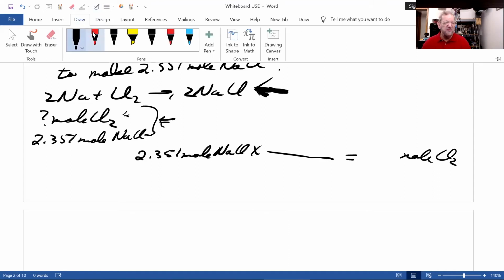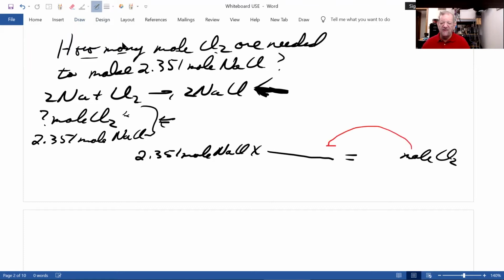And now I'll use my good friend, my good buddy, unit analysis. Remember, I'm going for the Guinness Book of World Records. Whatever I'm trying to get to goes on top of the ratio. But anyways, whatever I'm trying to get rid of goes underneath.